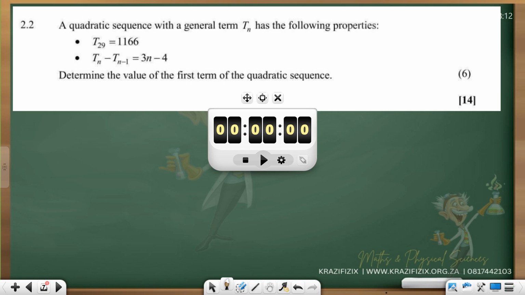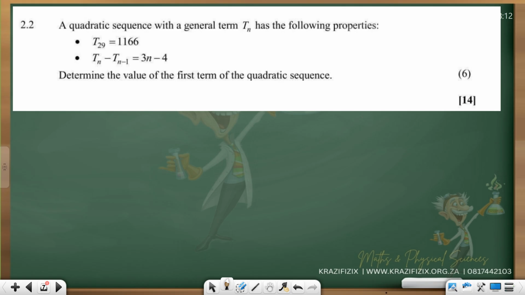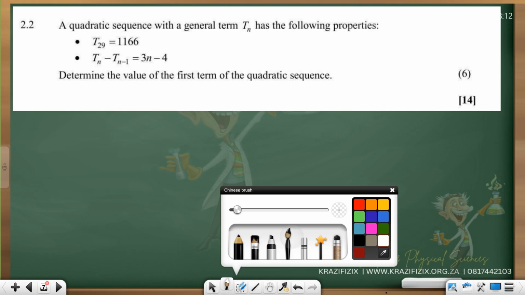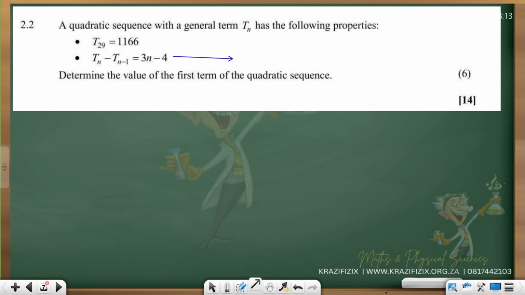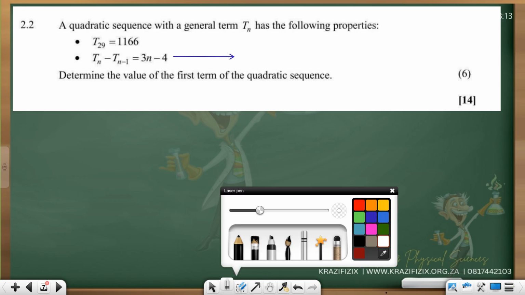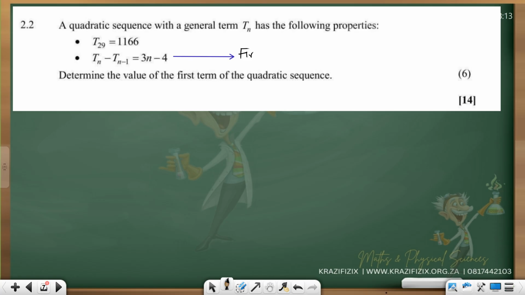All right. Let me take you through very quickly. It's a quadratic pattern. Now, please understand what this means or what this stands for. I'm going to do a very fast explanation here. That is your what? When you see that, that is your first what? Difference. But that will only work when n is greater than or equal to 2.